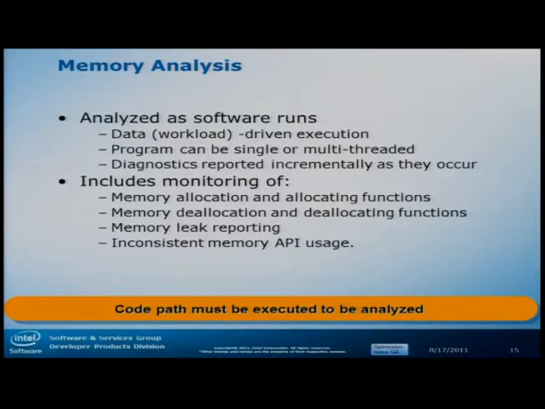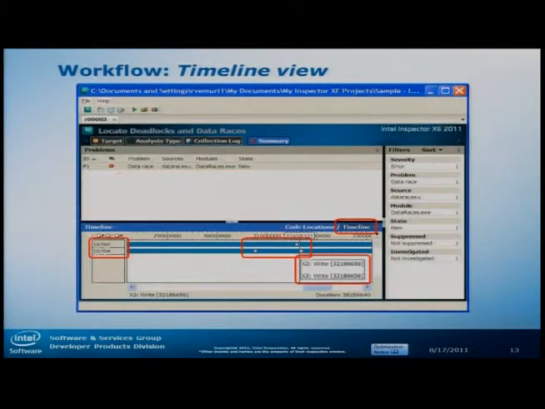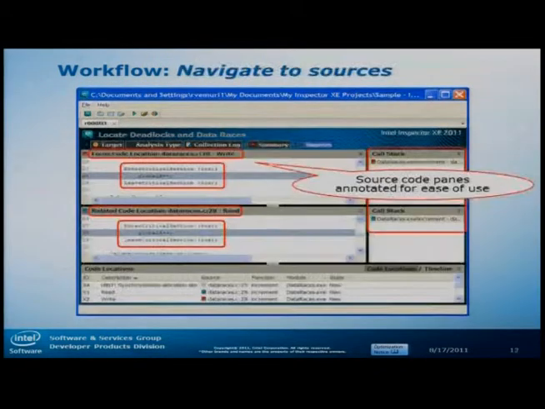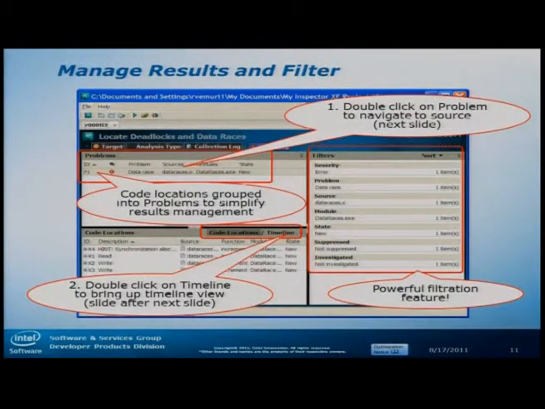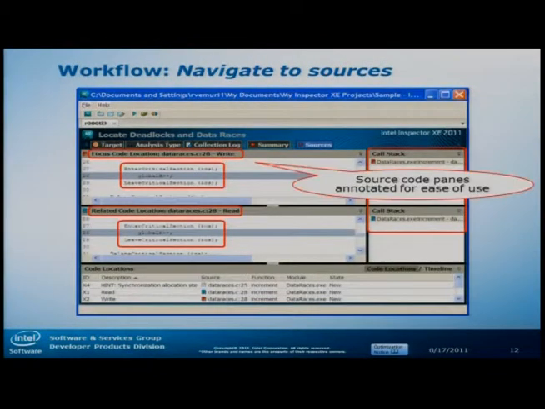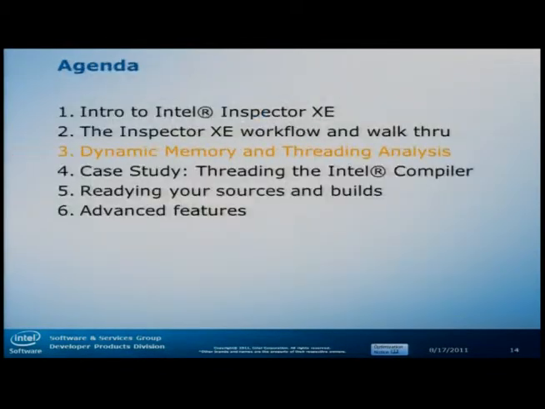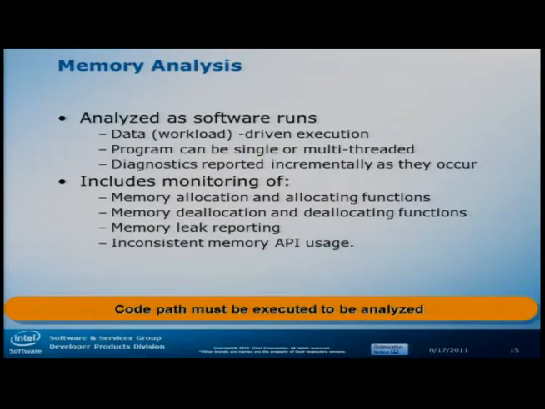So the behavior of your program may be a function of the data. The program can be single or multi-threaded. We'll still do the analysis. The diagnostics do become reported. This view here is populated as the program runs, but the analysis of drilling down to the source code is an after-the-fact kind of thing.